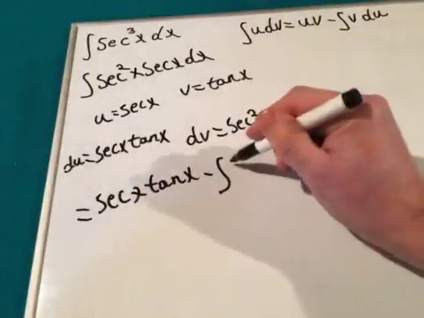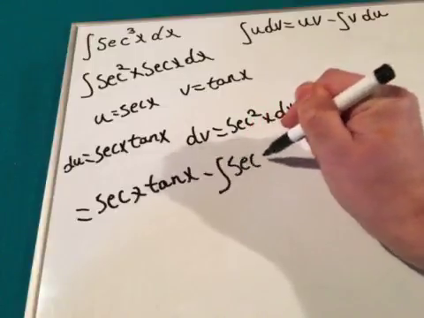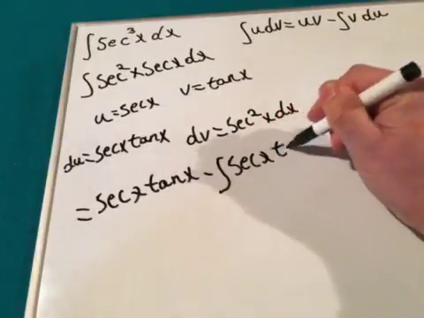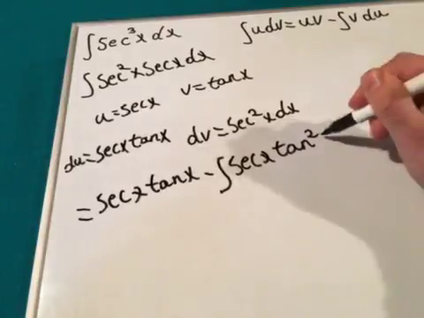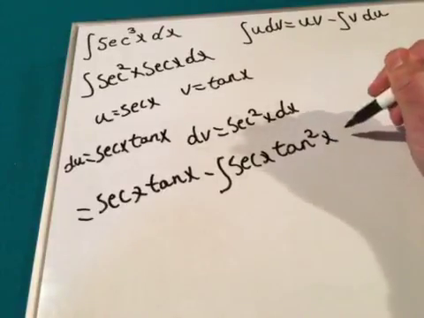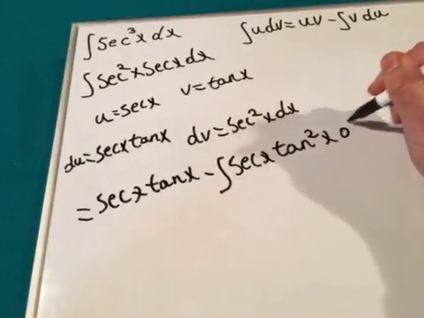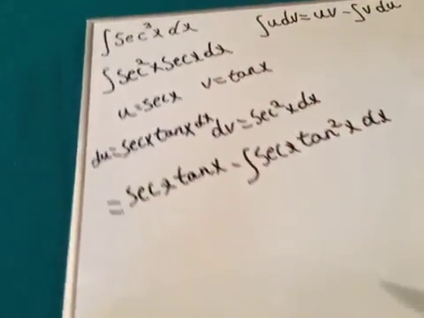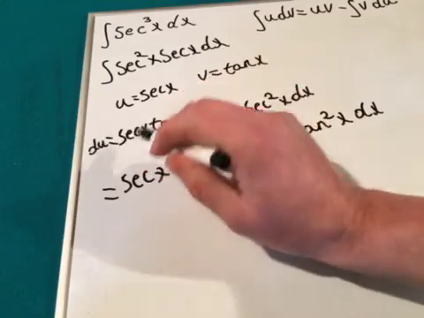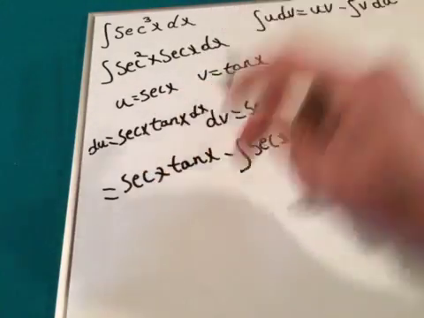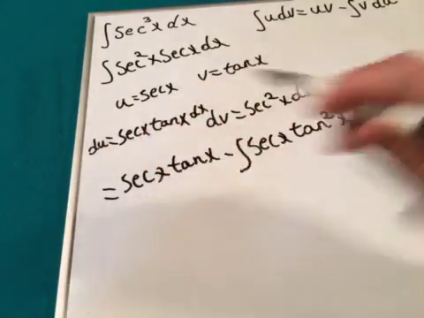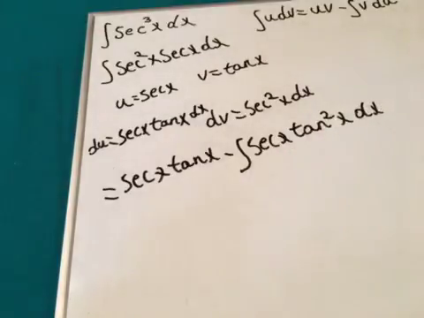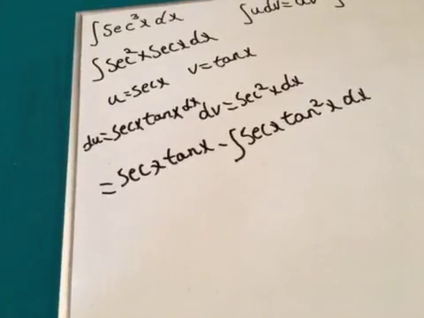So it's minus the integral of secant x tangent squared x. And then, yeah, dx. I forgot, you should always have the dx here. If you integrate secant, you get secant x tangent x, but that is with respect to x. So we have a dx, so make sure we have a dx on our integral. Okay.